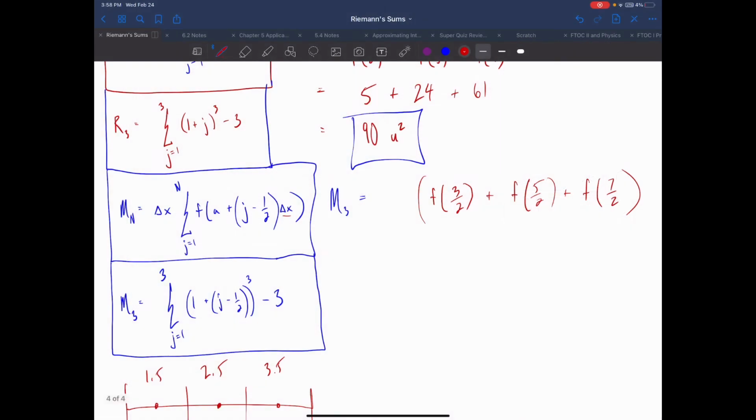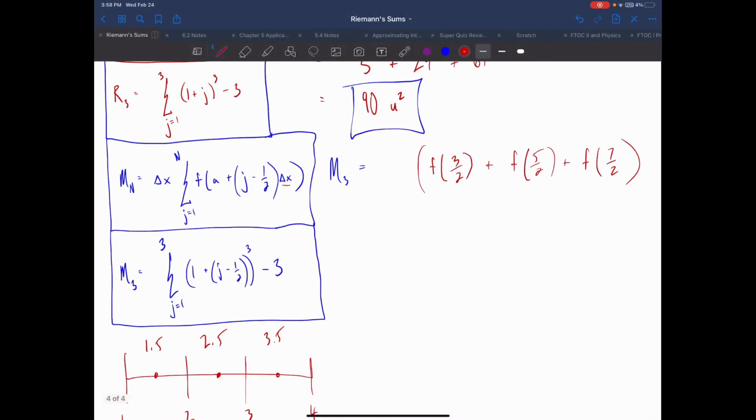I just calculated these. So f of 3 halves would be 3/8. And then f of 5 halves, plugging these into the original function, which is x cubed minus 3, would be 101 over 8, and this last one would be 319 over 8.